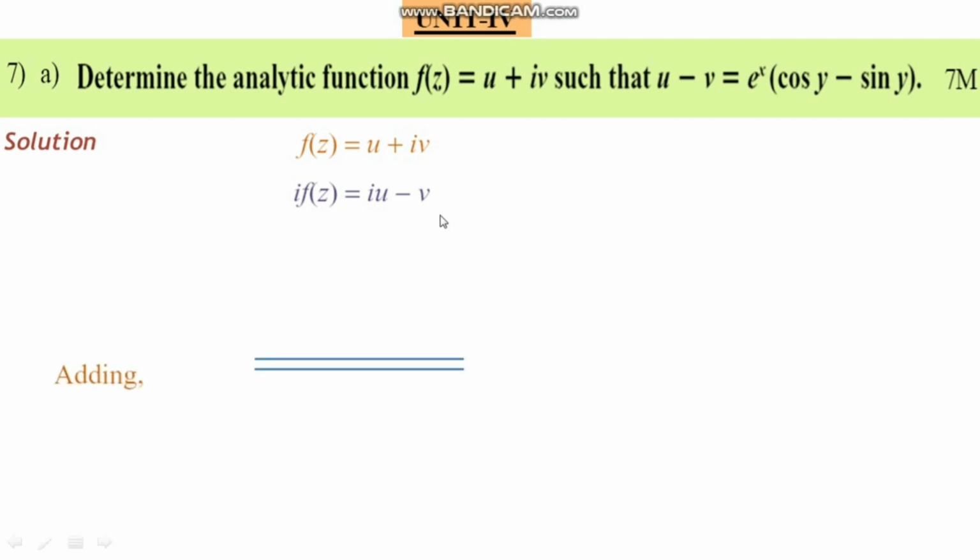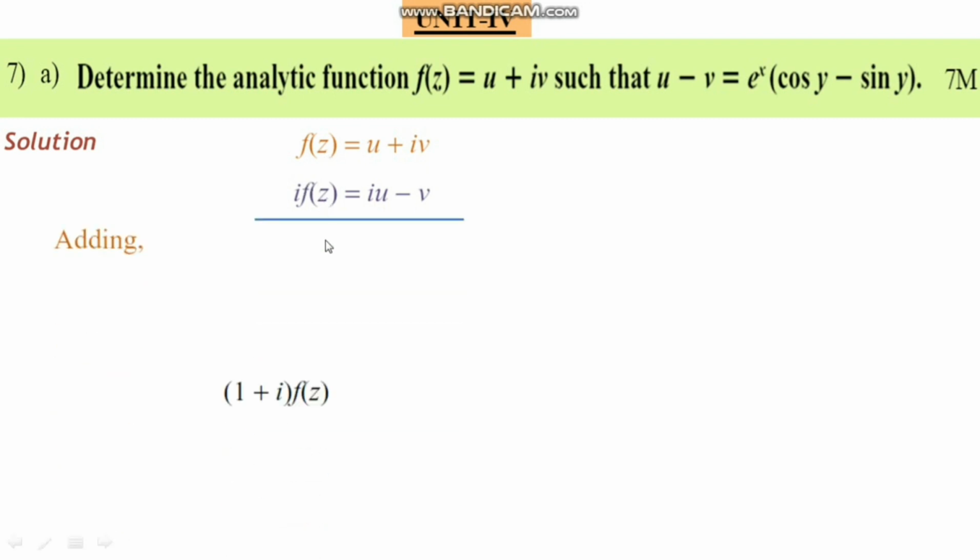Adding these two functions, on the left hand side we have (1 + i) f(z), that equals the real part u − v plus the imaginary part u + v.